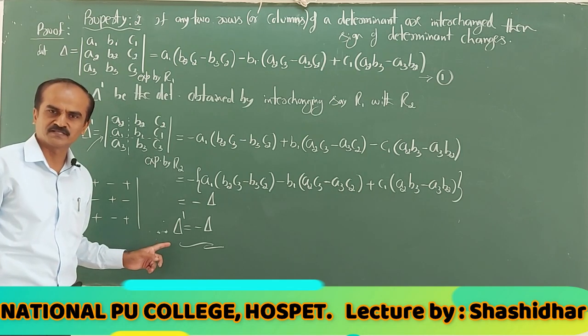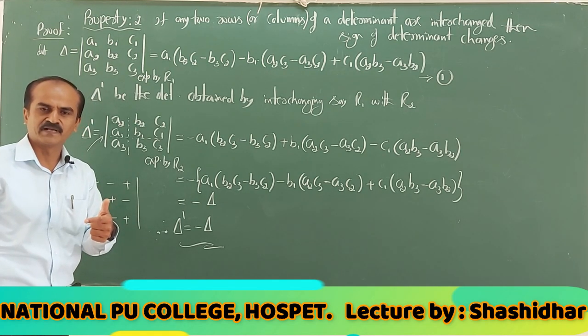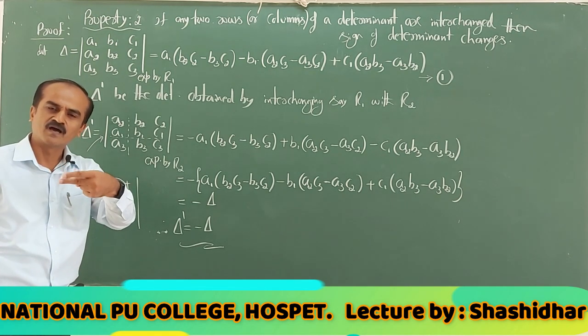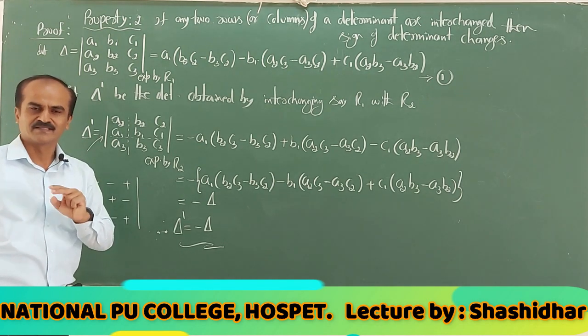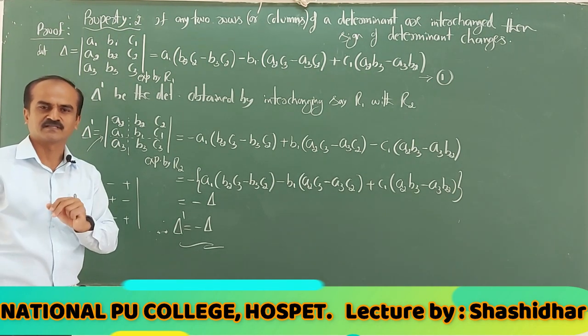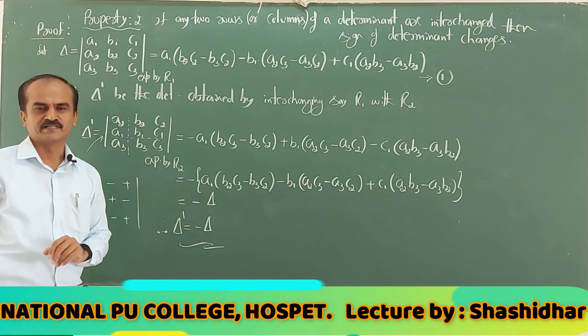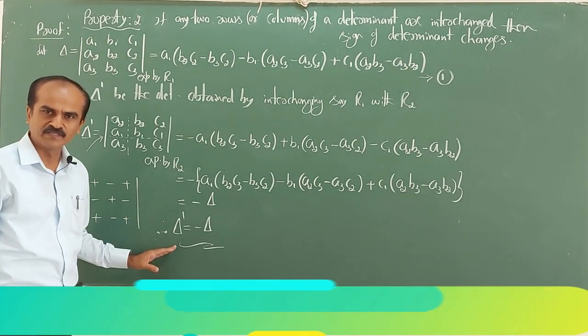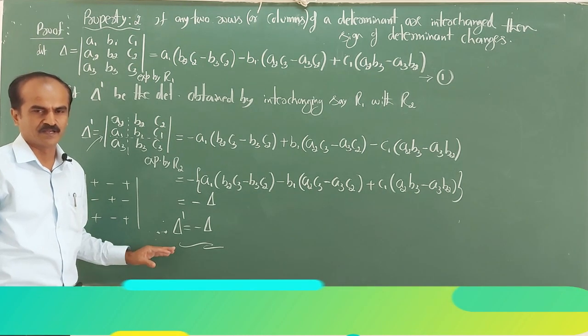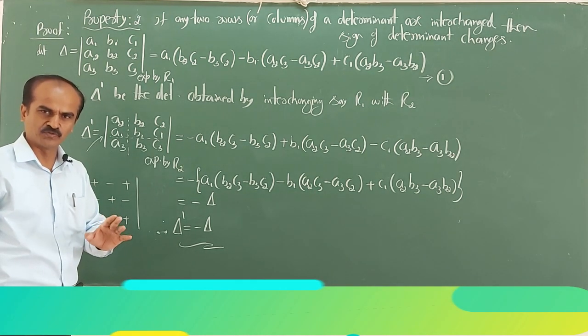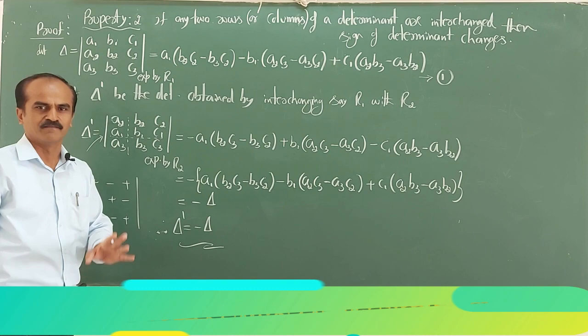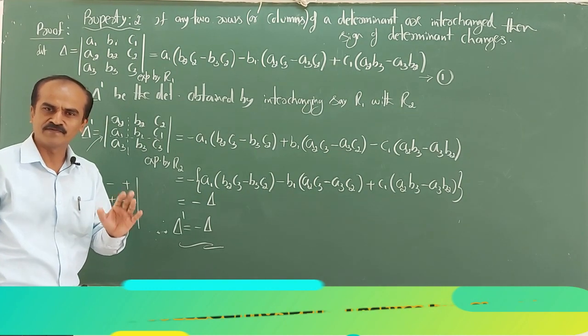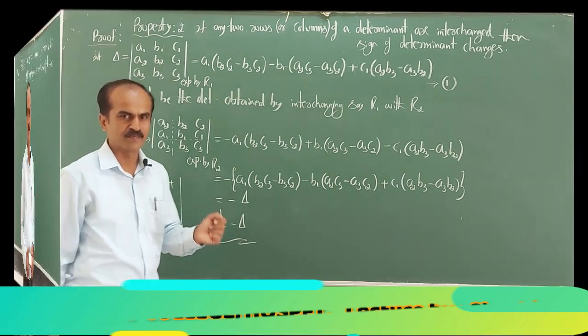What delta dash is? It is a determinant obtained by interchanging R1 and R2. Like this, you interchange R2 with R3 or any two columns you interchange, then sign of determinant changes. I hope you followed the explanation. On interchanging any two rows, any two columns of a determinant, sign of value of determinant changes. Now let me take the third.